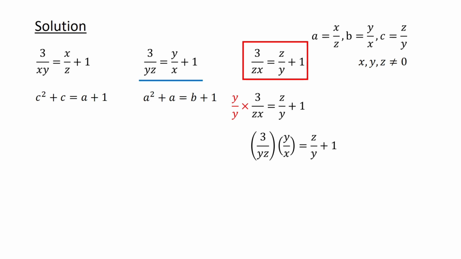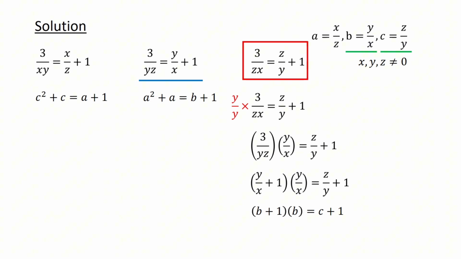Substituting 3 over yz equals y over x plus 1, we obtain (y over x plus 1) times y over x equals z over y plus 1. Since b equals y over x and c equals z over y, we have (b plus 1) times b equals c plus 1, yielding b squared plus b equals c plus 1.